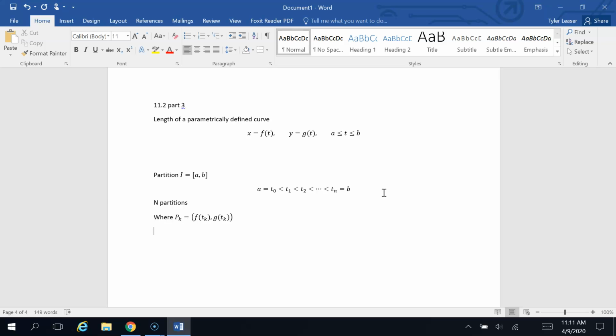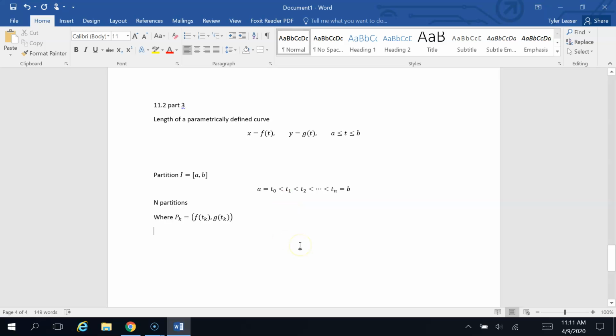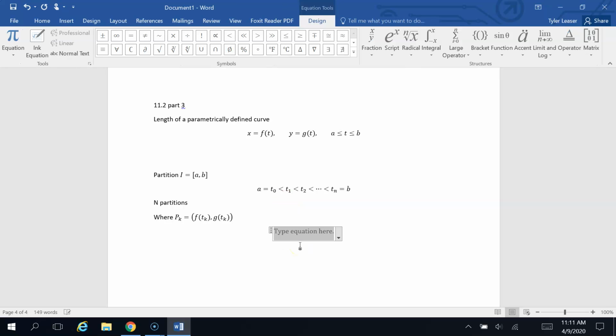If we are going to partition our curve and think about each of those partitions as straight lines, these red lines are going to be the approximations of the length of my curve. We need to define the length of each of these partitions, which we'll call L sub k.